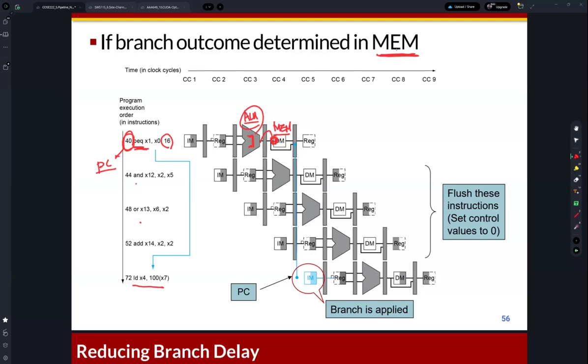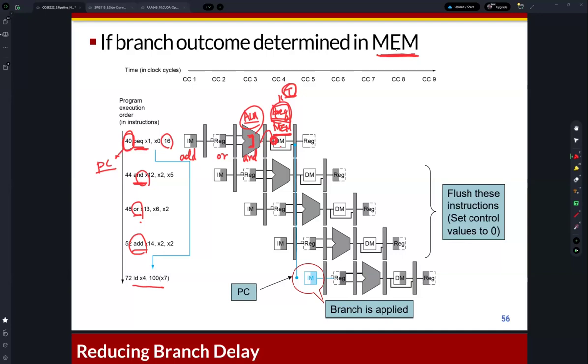So if the BEQ is in the memory stage, then the next instructions, the AND instruction, OR instruction, and ADD instruction, are in the pipeline: AND is here, OR is here, and ADD is here when the BEQ is in the memory stage. And then the processor detects that the BEQ is true, okay? Which means that the zero output of this ALU is 1.